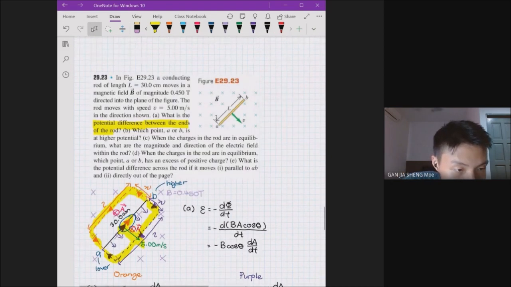How many questions do we have? Okay, lastly, what is the potential difference across the rod if it moves parallel to AB, or you move directly out of the page?